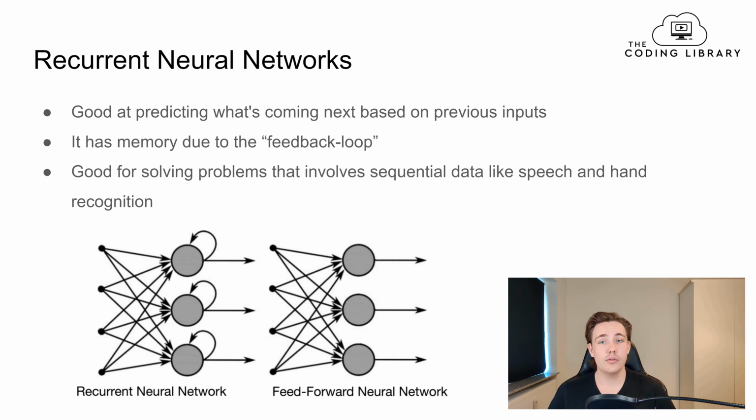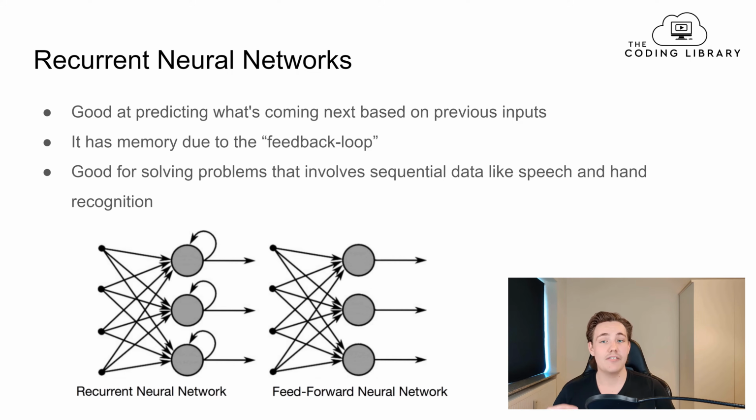Recurrent neural networks are really good at predicting what is coming next based on the previous inputs, because we have some kind of feedback loop, and therefore we have some memory due to the feedback loop, as we can see in the bottom image. We have a recurrent neural network that actually looks like a feed-forward neural network to the right, but the difference between a feed-forward neural network and a recurrent neural network is that at the outputs we have feedback back to the input again.